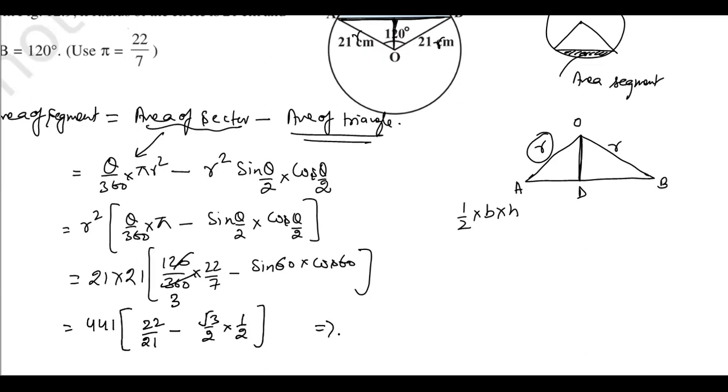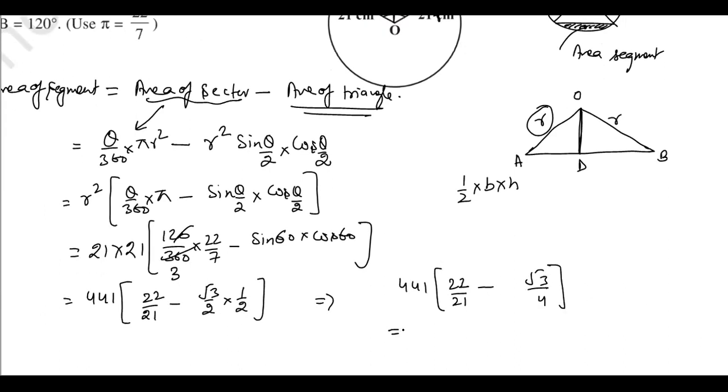So what you will get is 441 into 22 upon 21 minus root 3 by 4. You can leave it here, or you can solve it further by opening the bracket.